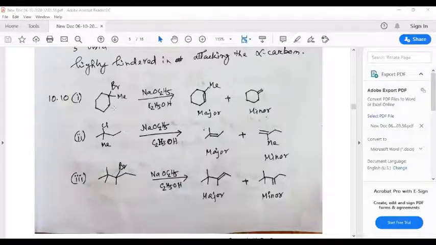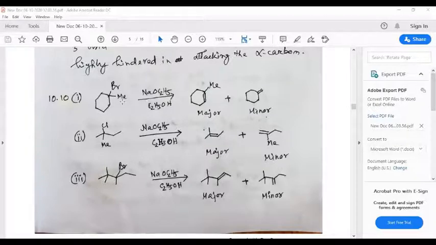If ethoxide removes one proton from this position or from this position, then the double bond will be here or here. Then this is the compound that is obtained when ethoxide removes a proton from the ring. And this is a more substituted alkene. That's why this becomes the major compound, the major alkene.